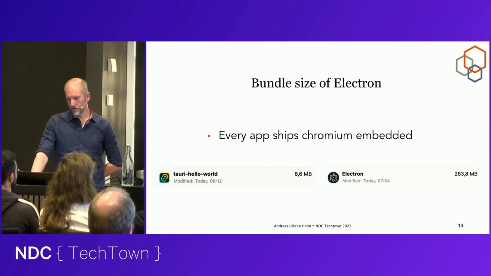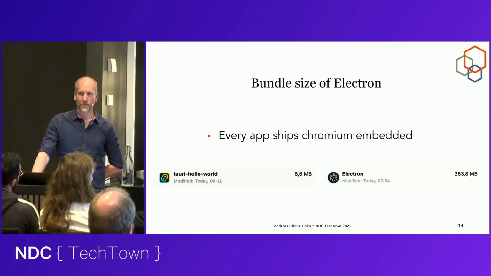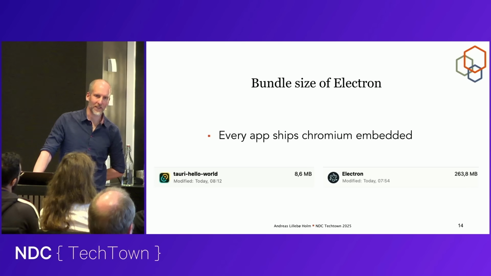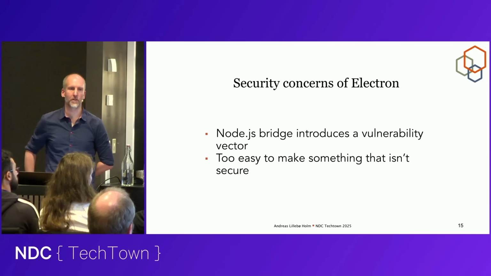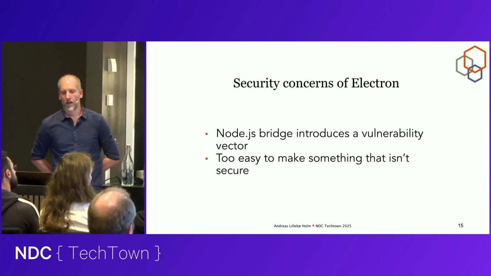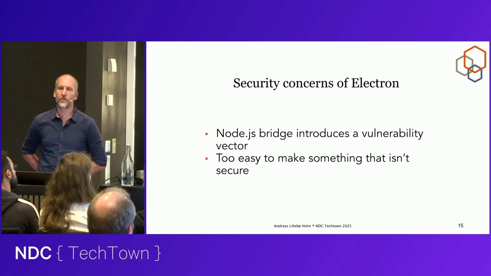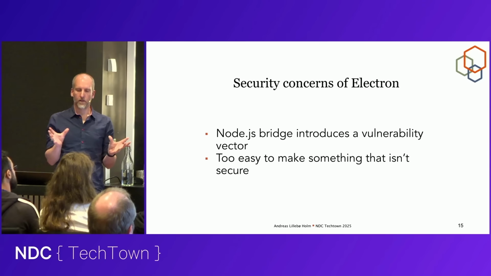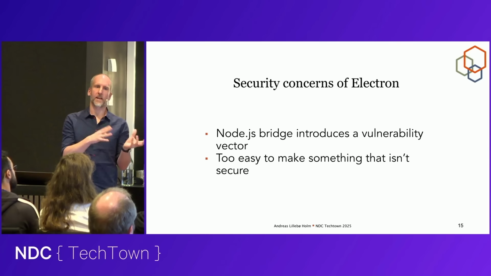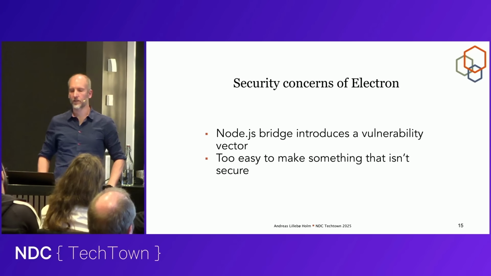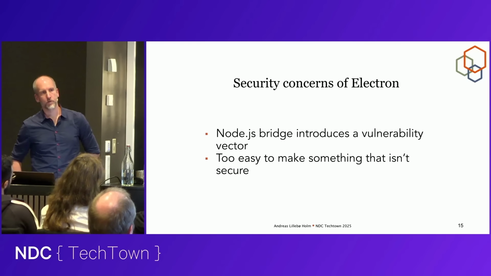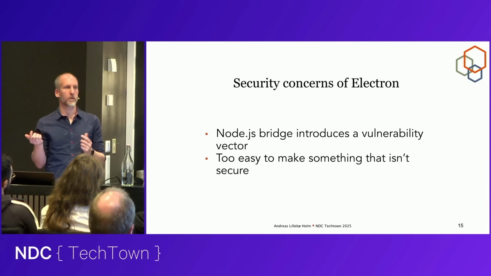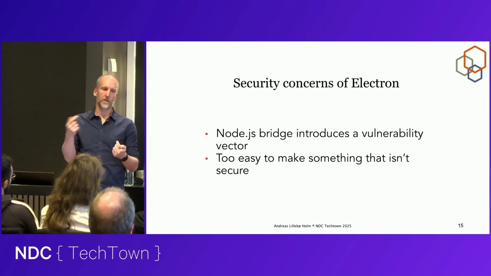The next issue is the one that made us not choose Electron, and that's the security concerns of Electron. Every time you set up communication between the backend and the frontend in an Electron app, you have to set up a system where you can communicate between the processes.